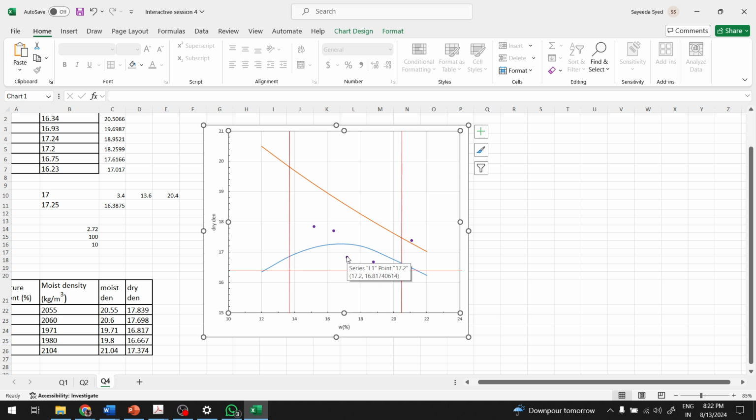So these are points from locations 1 and 2, and these meet our specifications.